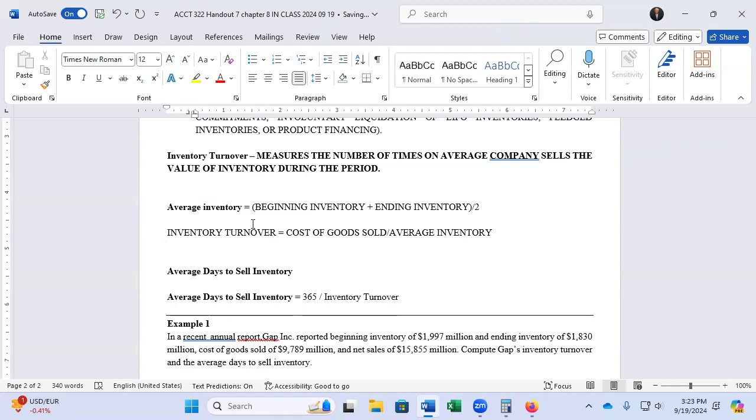So what does this tell us? It tells us how quickly we're moving our inventory. Where is this helpful for us? How do we want to use this inventory turnover measure when we're analyzing?